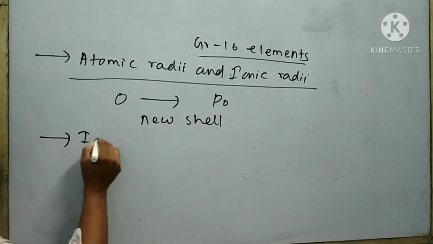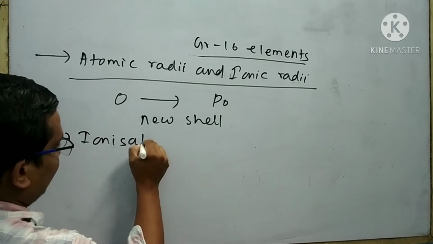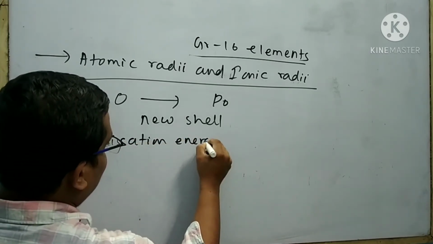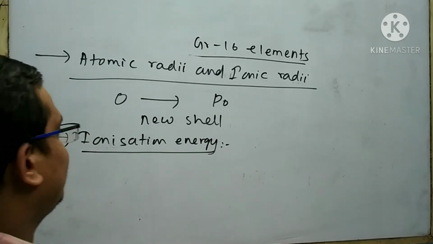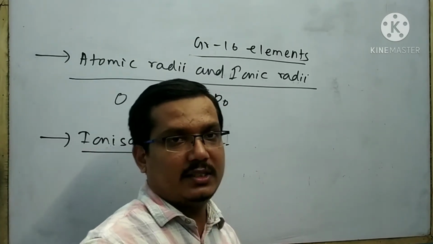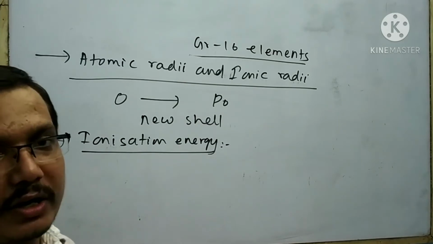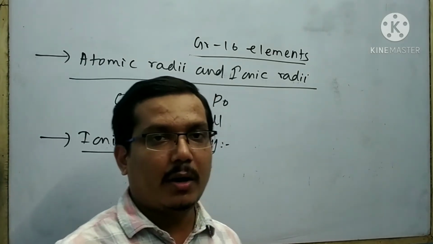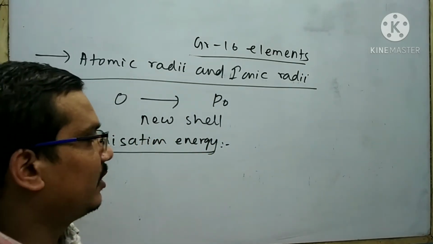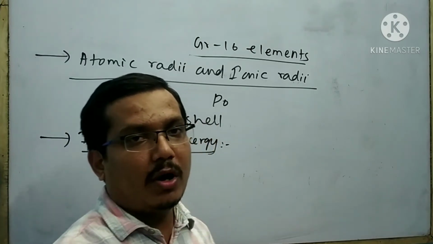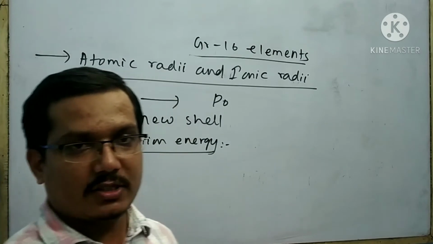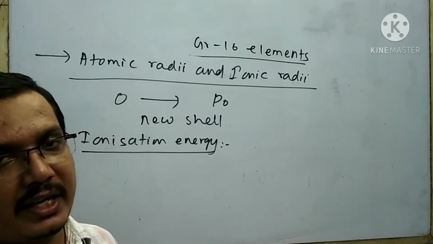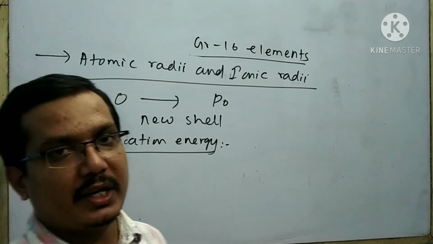Next physical property is ionization energy. The ionization energy of group 16 elements is higher than the corresponding elements of group 15. This is due to the small size of group 16 elements as compared to the corresponding elements of group 15.